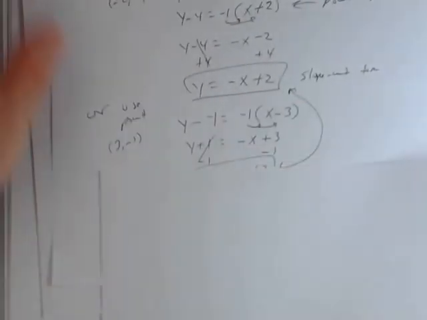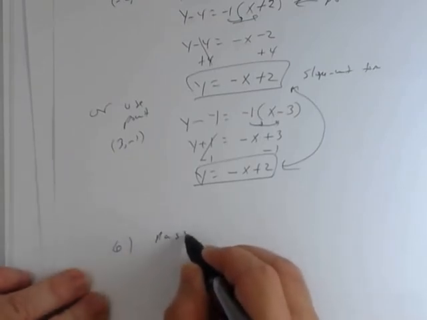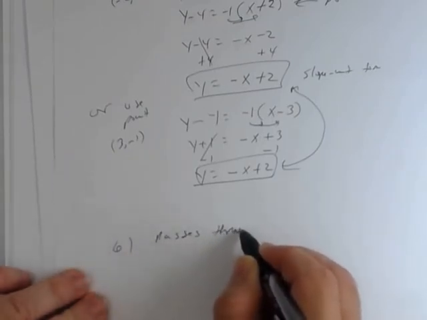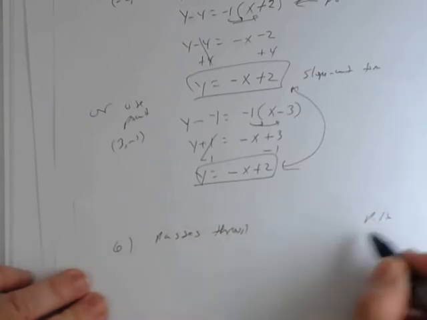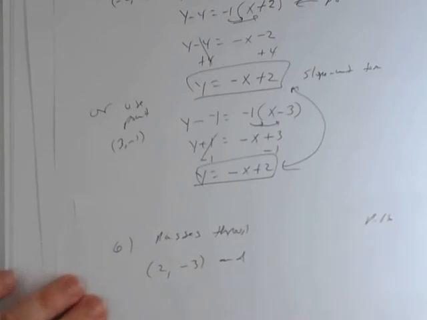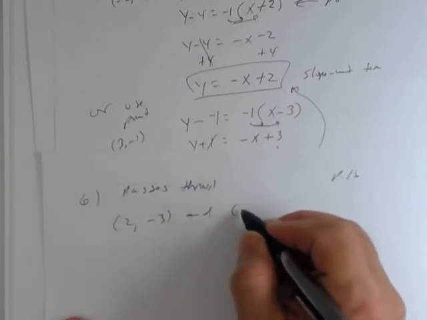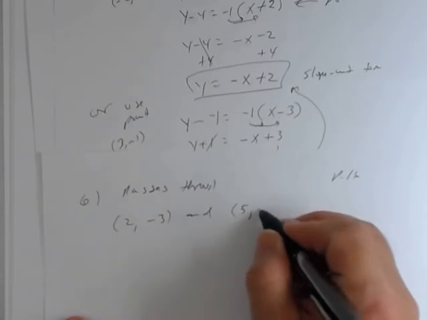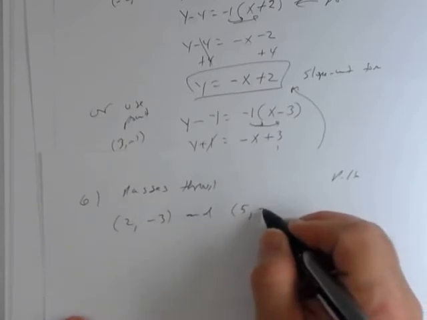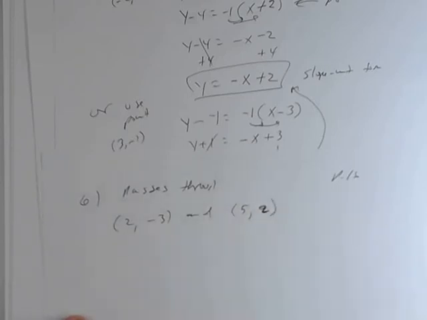What about this one? This is number 6. Let's suppose the 2 points are 2, negative 3, and 5, 2.